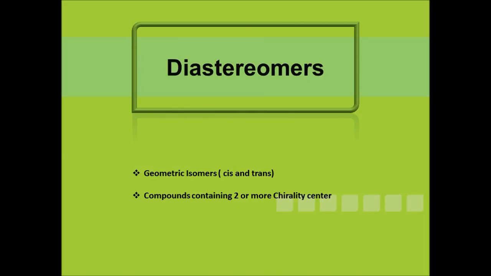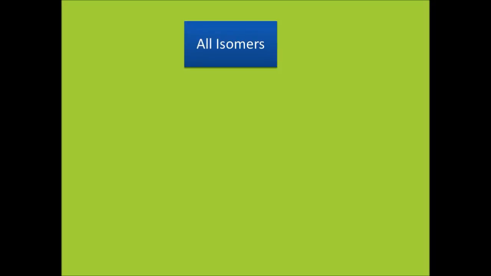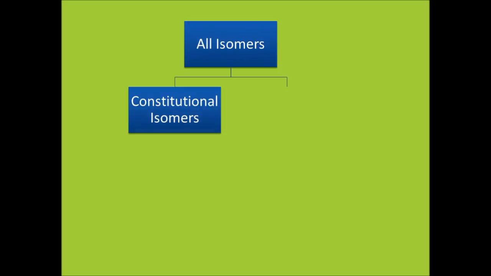Diastereomers. Diastereomers are stereoisomers that are not mirror images. And these include geometric isomers, which we spoke of earlier, the cis and trans isomers, as well as compounds containing 2 or more chirality centers. So, looking at all isomers, you can divide them into either constitutional isomers or stereoisomers.